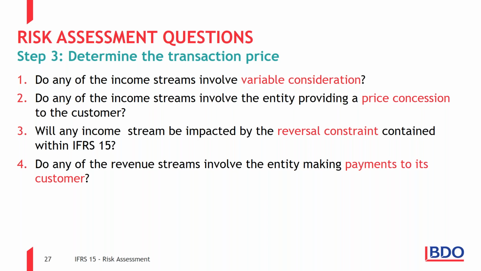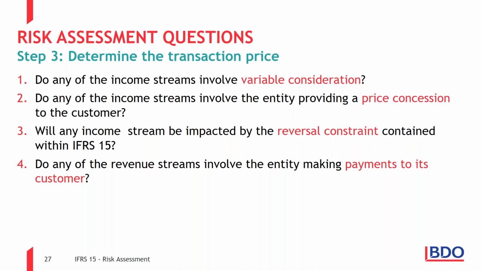And then question 4, do any of the revenue streams involve the entity making payments to its customer? Because when we make these payments to a customer, it's not automatically a reduction of revenue. There's a process to go through. Am I making a payment to the customer for a distinct good or service, a separate transaction?